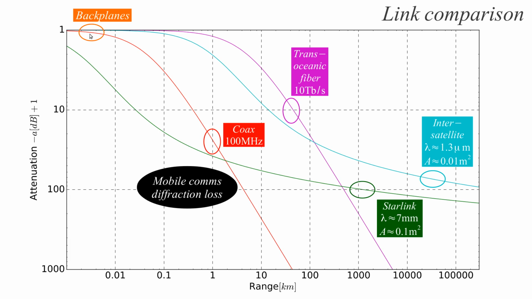You see that in all guided communications, the signal decays very quickly, the attenuation grows very quickly with the rising range. So at 1000 kilometers range, we have no communication over guided lines.